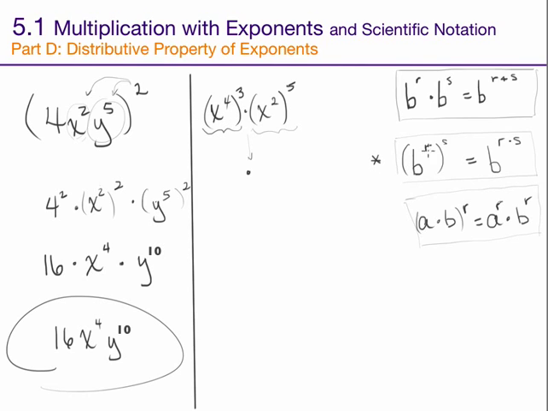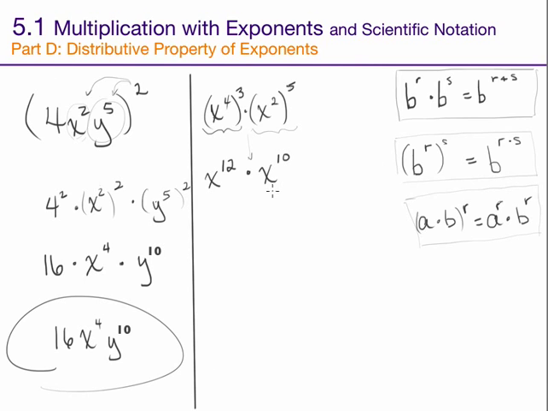A base to a power, multiply the powers. Here I have a base of x raised to a power, multiply the powers, and I get 12. This piece gives me a base of x raised to a power, multiply the powers.